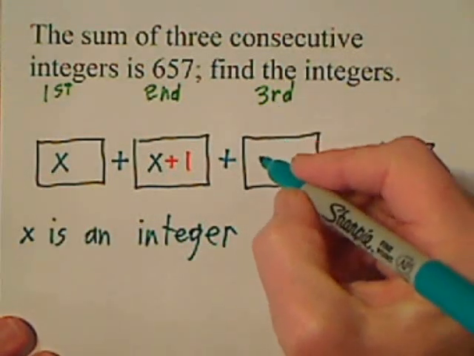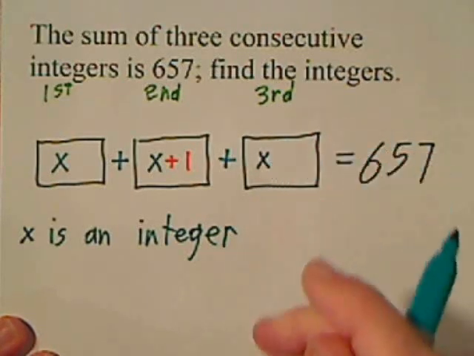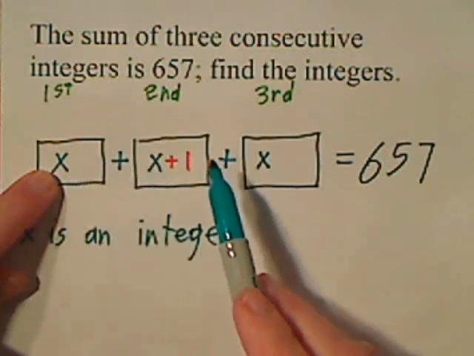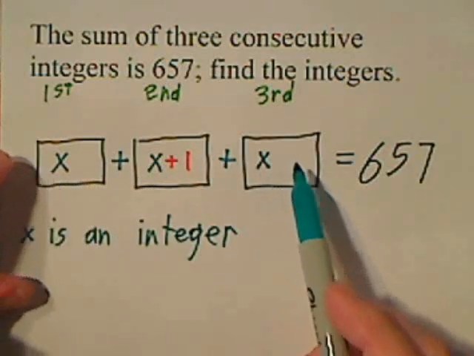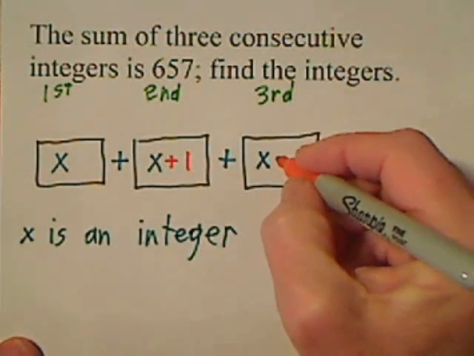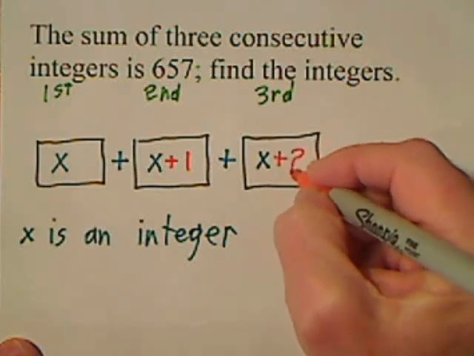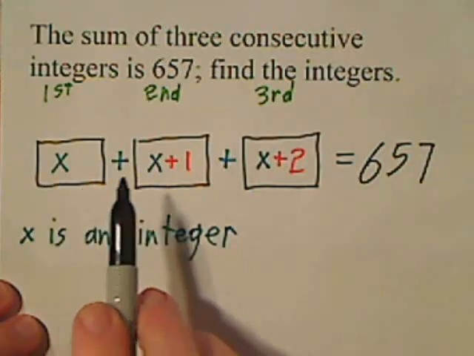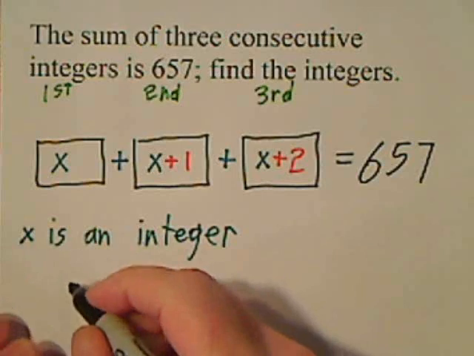And again, if I'm standing way back here on an integer and I want to get over to here, I'm going to have to add 2. So if I add the first, second, third, I'm supposed to get 657.